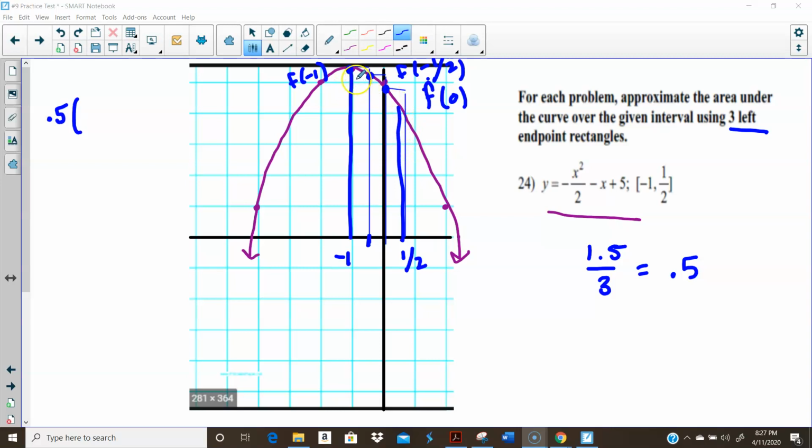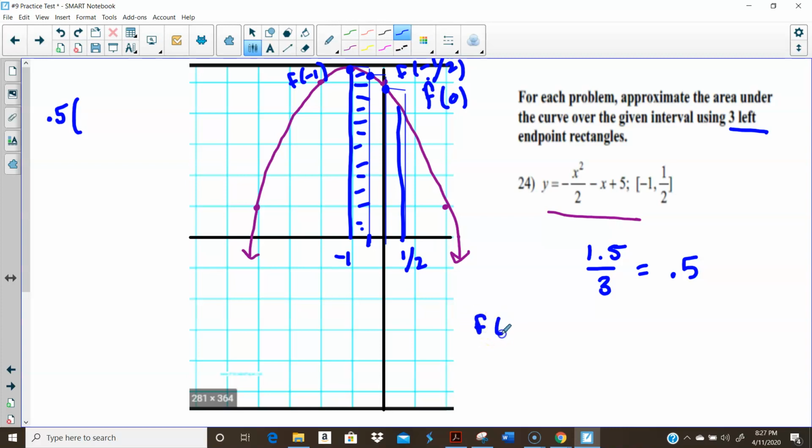But I'm trying to find the area inside of these rectangles. So here's my first rectangle. To find the area, the width of these rectangles is 0.5, and then I'm going to take f of -1, which is that point, f of -1/2, which is that point, and then f of 0, which is that point. To take f of -1, you take -1 and plug it in for x.